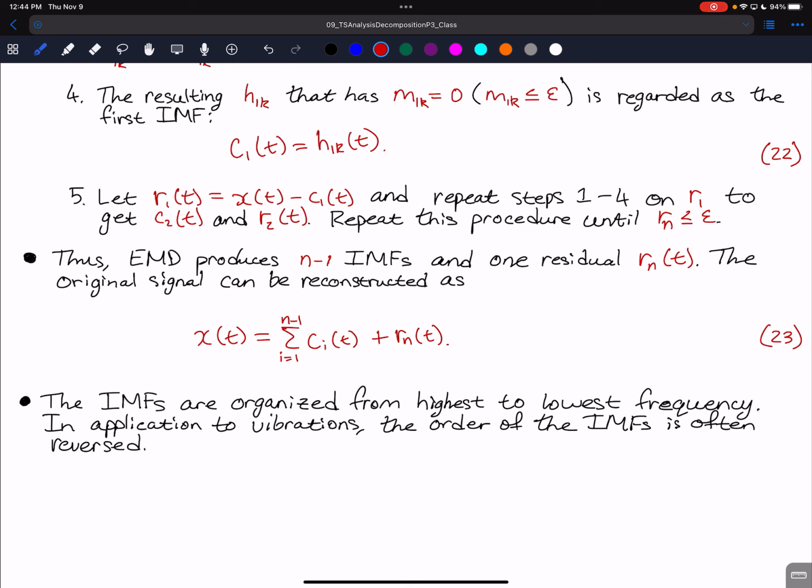So generally, what you'll find is that the residual is very low amplitude, or, well, ideally it's something that's low amplitude with virtually no oscillation in it. And as a result, you can then reproduce the signal by only summing up the IMFs.